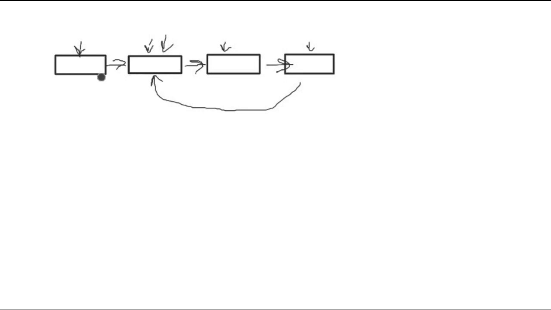If we do it this way, the number of steps is going to be proportional to the number of nodes, and as we are storing every node's address, the time complexity and the space complexity both will be big O of n.